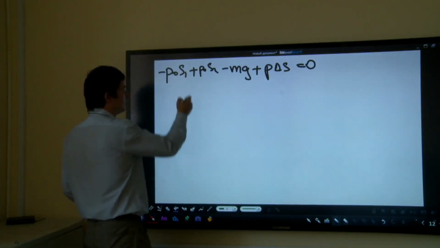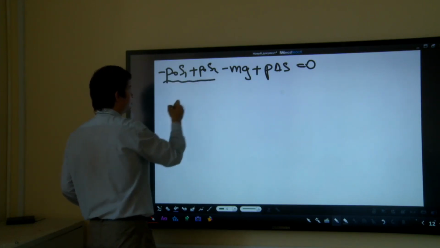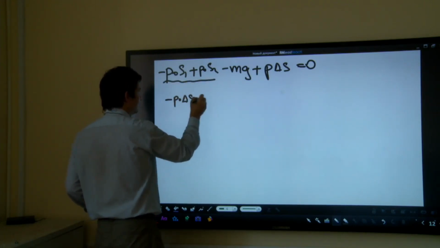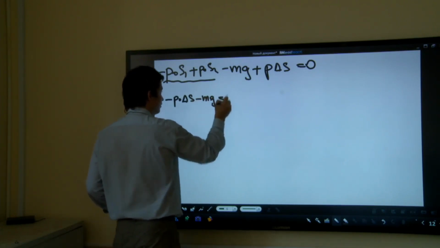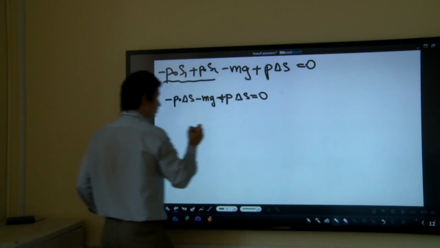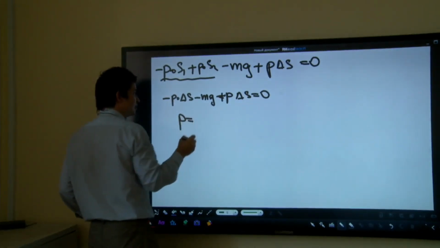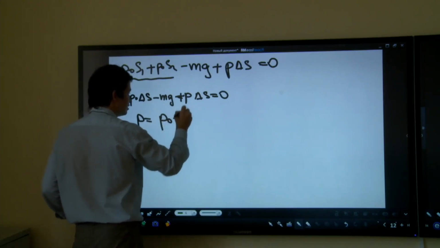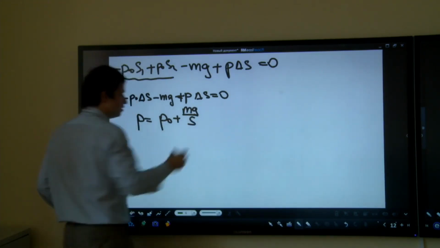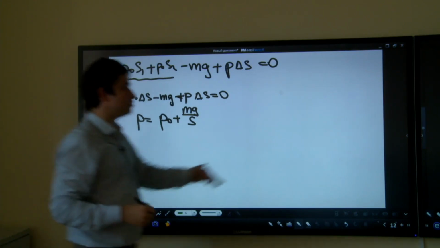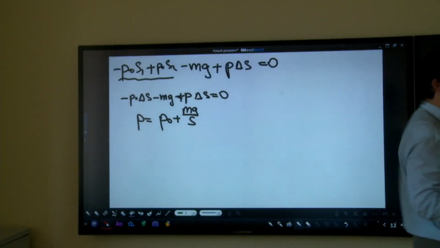So, well, I can combine these two terms and get minus P0 delta S minus mg plus P delta S is 0. And from this I obtain that this pressure is actually equal to P0 plus mg over delta S. So this allows me to obtain the pressure of the gas in between these two pistons from a single equation.